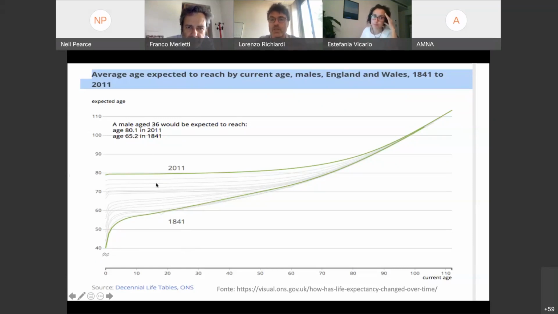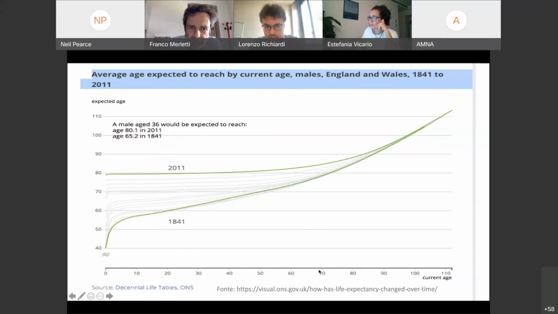So the really great change in health worldwide has been the improvement especially in the way infant mortality has been decreasing in most populations over the world. And this is the example in England and Wales.